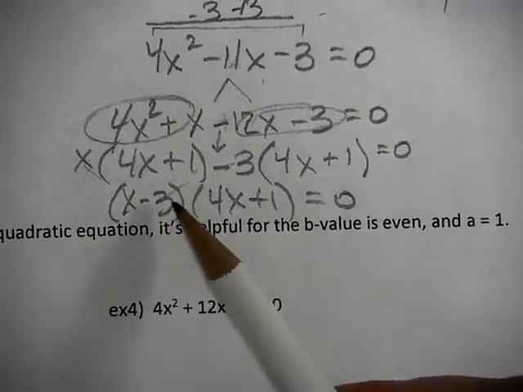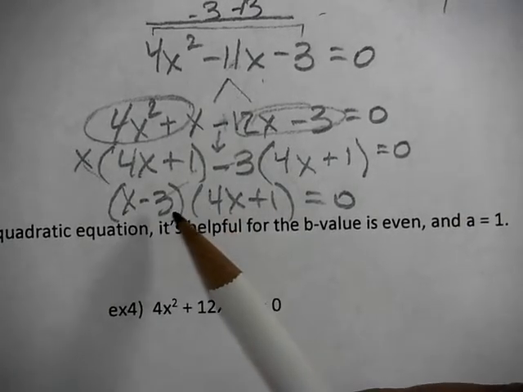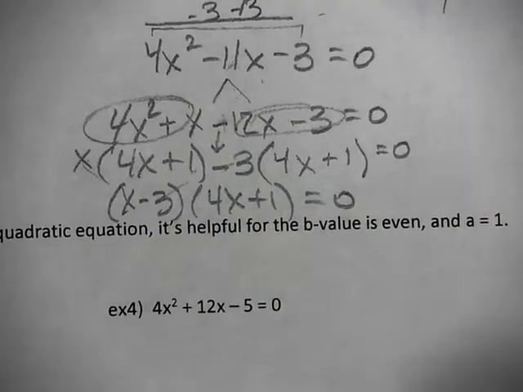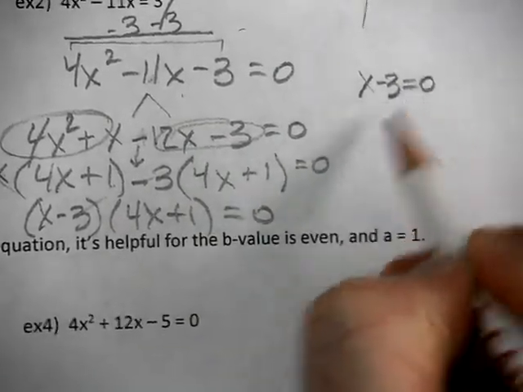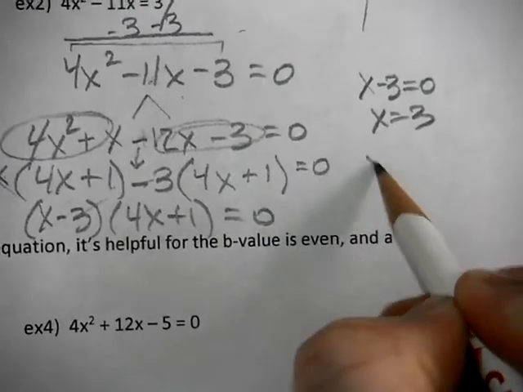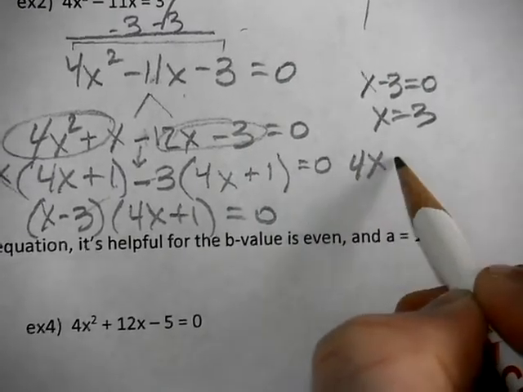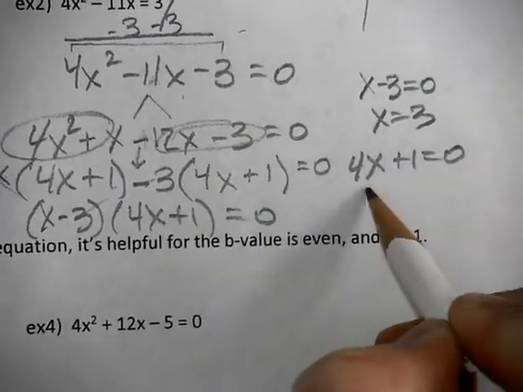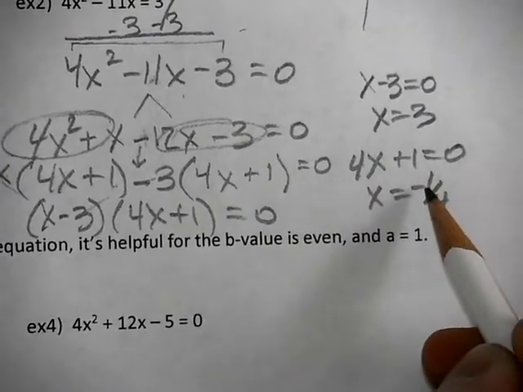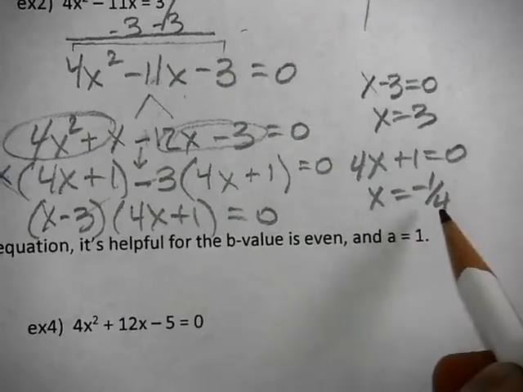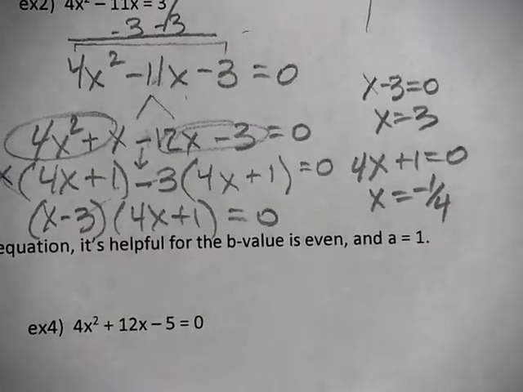So, because your two binomials are equaling to 0, we're going to set each one equal to 0. You would subtract the 1 to get negative 1 divided by 4 gives you negative 1/4.